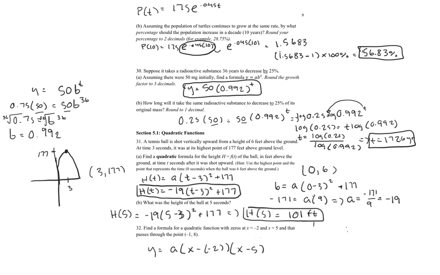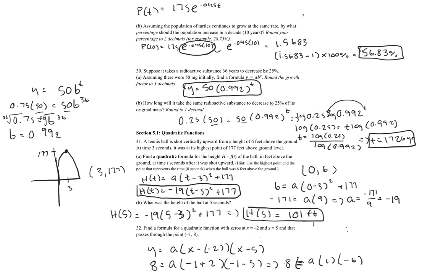So we're going to have 8 equal to a times -1 plus 2 times -1 minus 5. Then we get 8 is equal to a times 1, right, times -6. So a is equal to -8 over 6, or -4 over 3, right?